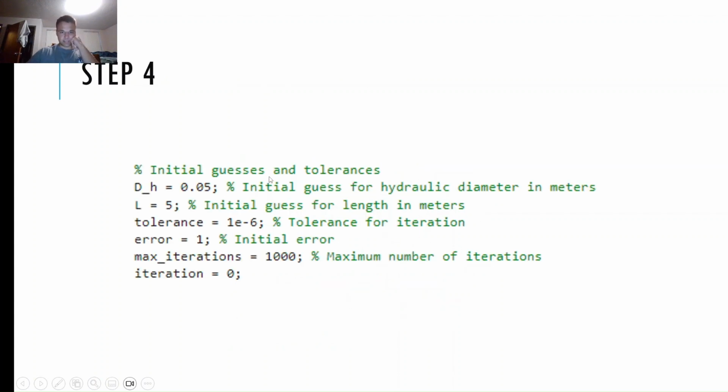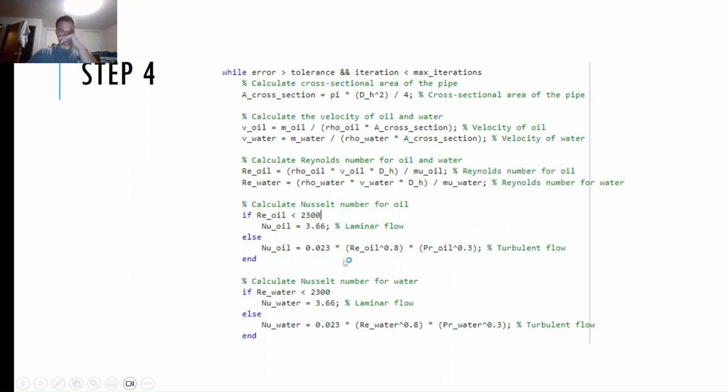Step 4, the initial guess and tolerances for the DH and the L. I set up a while loop to get these tolerances, to get the error down as much as I could to match the best approximate DH and L for the system.